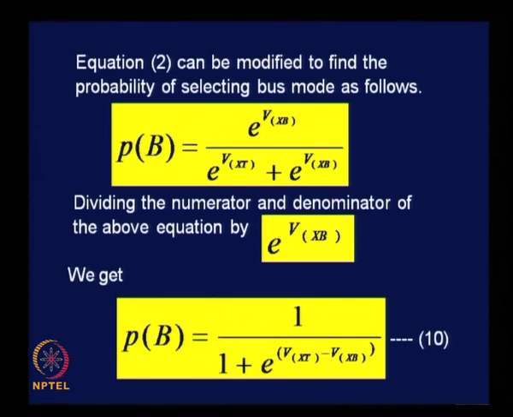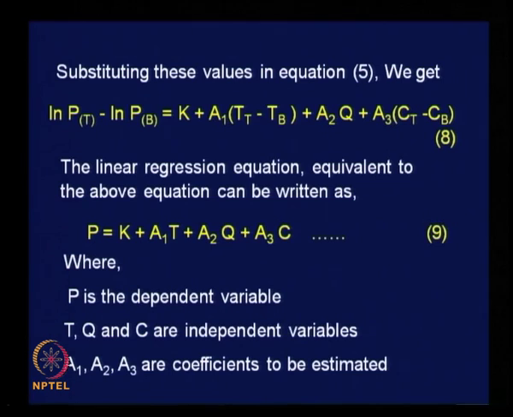Do we have the value of Vxt minus Vxb with us at this stage? If you go back and see, the right hand side is nothing but Vxt minus Vxb.